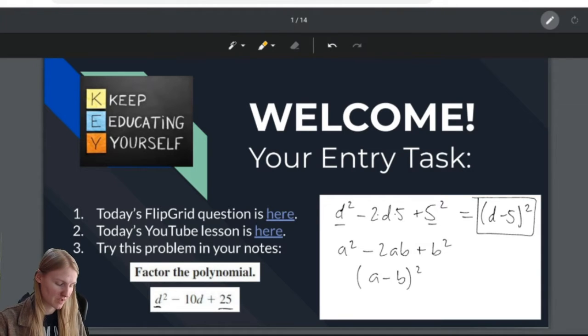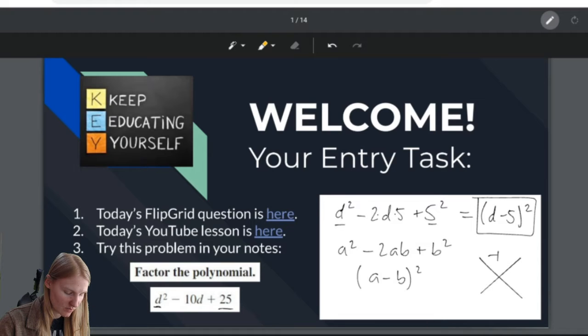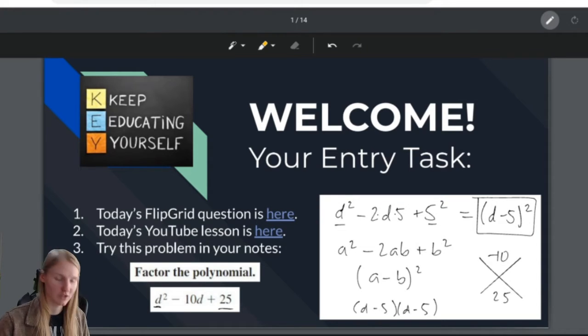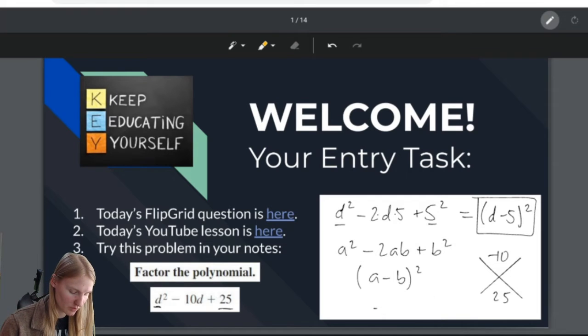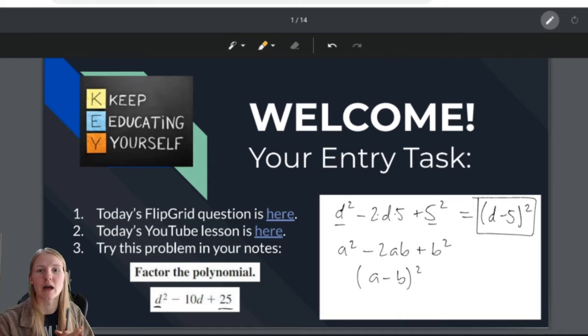Problem solved. If you did it this way and you said, oh, it's got to add to negative 10 and multiply to 25, you would have just gotten d minus 5, d minus 5. That works too. Totally works too. I don't mind which way you do it, as long as you're doing mathematically correct work.